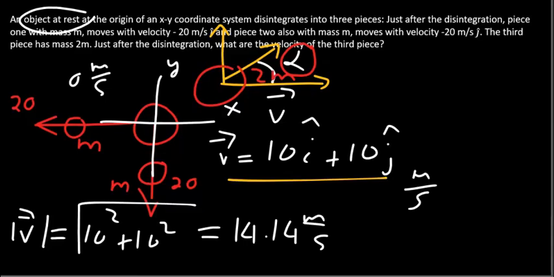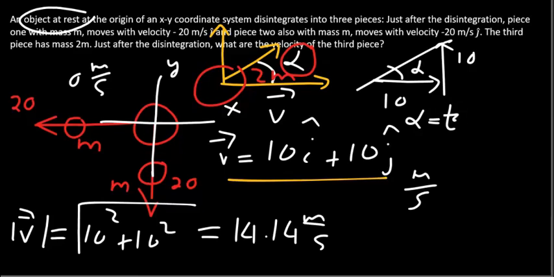Now we know that the velocity is 10 i hat and 10 j hat. So alpha is given by arctangent 10 over 10, arctangent 1, which is 45 degrees. So the direction of the velocity of the third piece is 45 degrees above the positive x-axis. And that completes the problem.